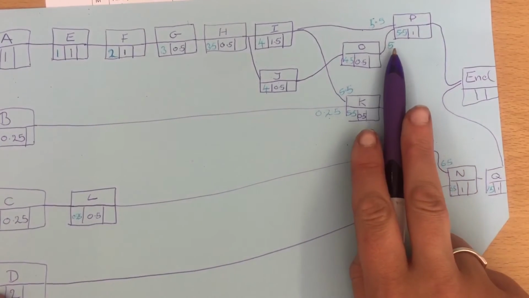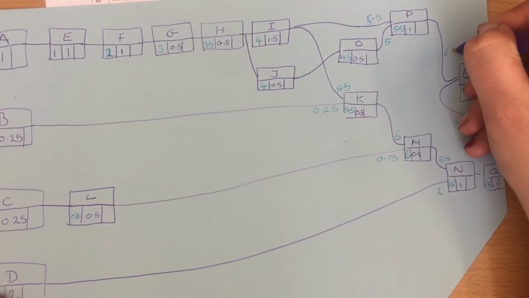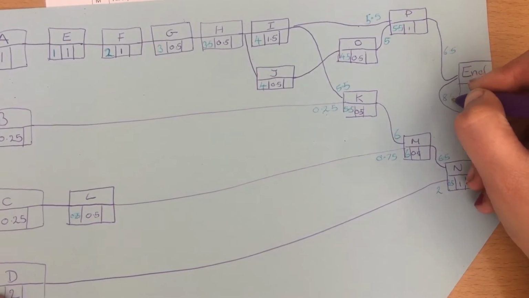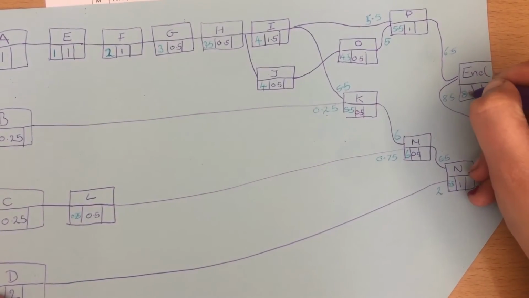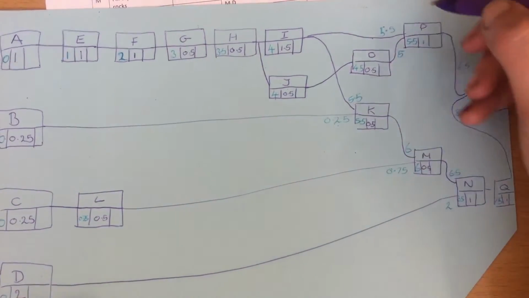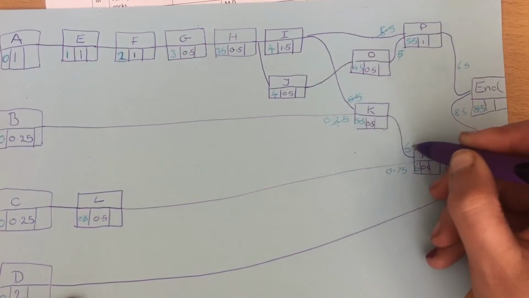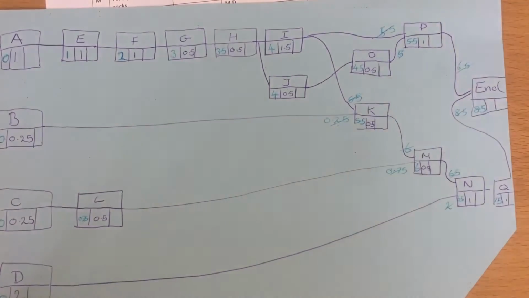So we've either got 5.5 and 1, which is 6.5, or we've got 7.5 and 1, which is 8.5. So we are going to end at 8.5. So that is all of our earlier start times. You do not need to write these numbers on the edges. They are just vague working out. Doesn't need to be there.